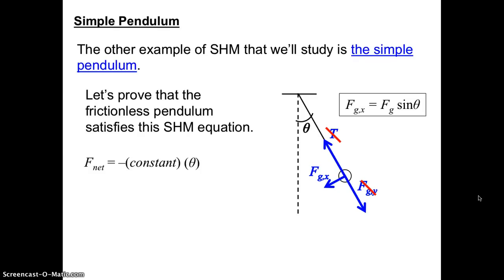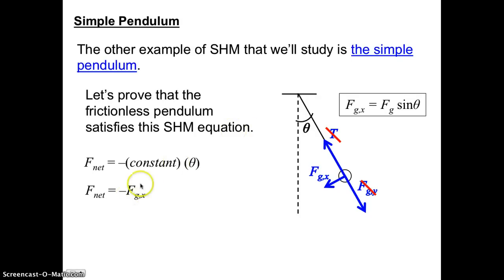And that leaves FGX as the only unbalanced force on the pendulum. In other words, the net force on the pendulum is negative FGX. The negative sign is there because FGX points along the negative direction of our tilted axis.